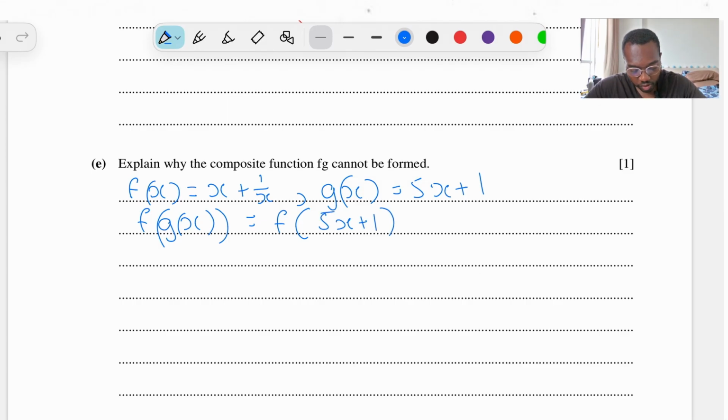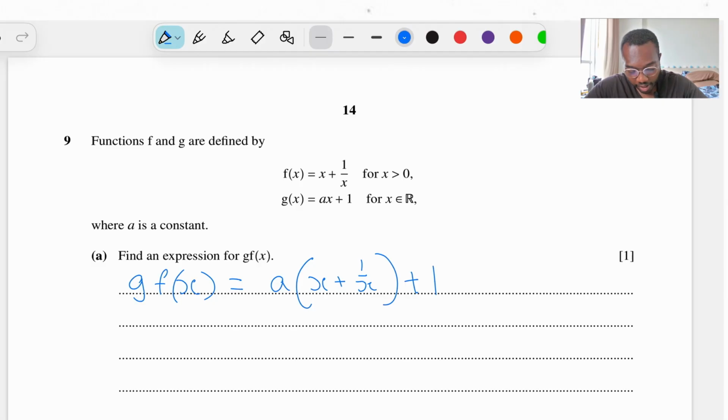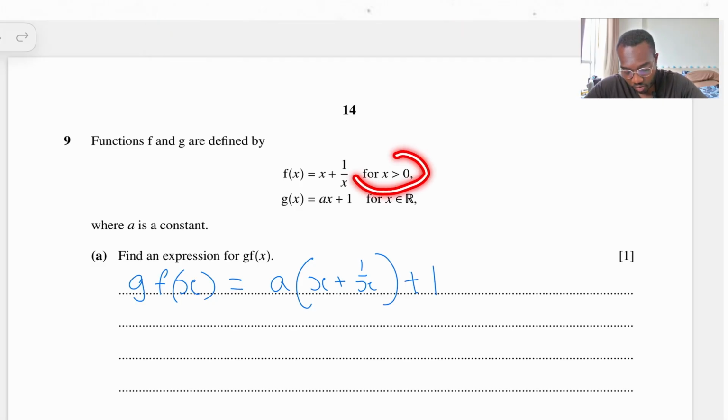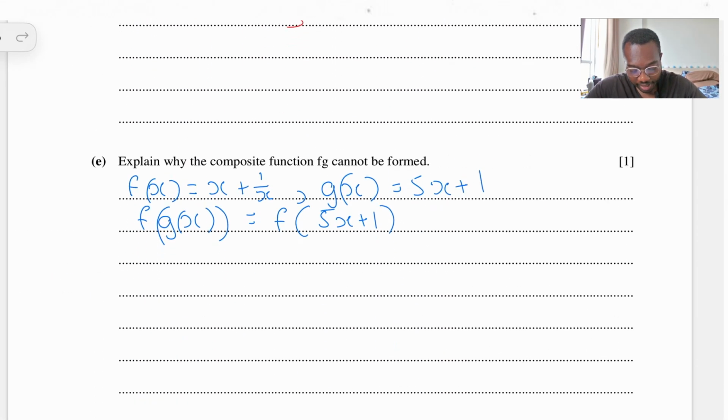And now what's important to know is, remember from part A, we had these domains. We have f of x has the domain x is greater than 0, and g of x had the domain where x can be any real number. And that's important.